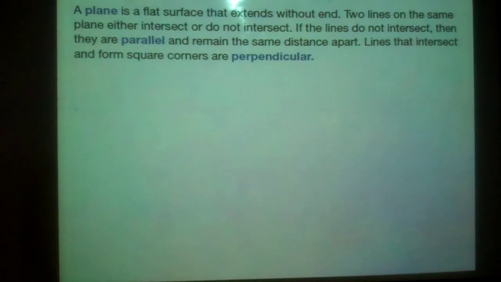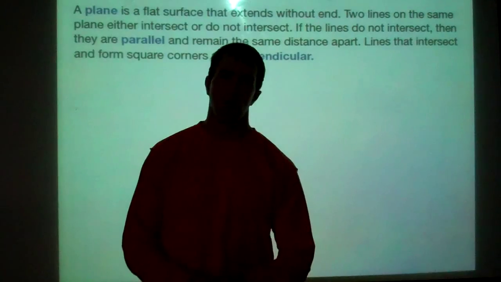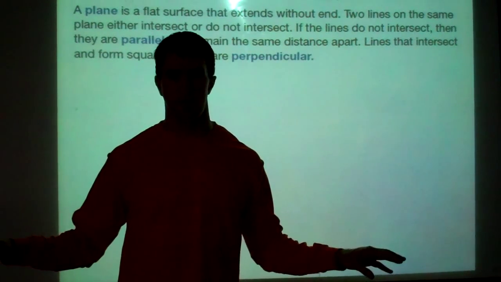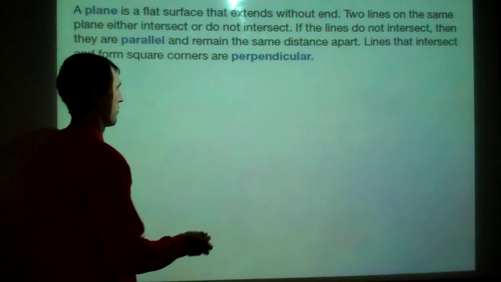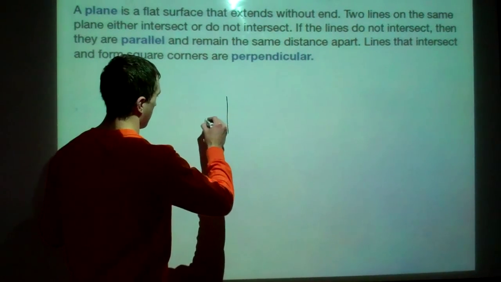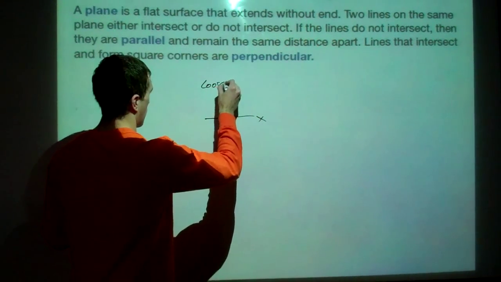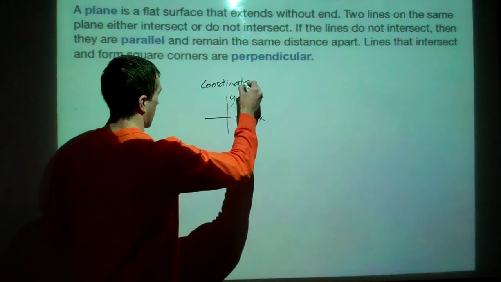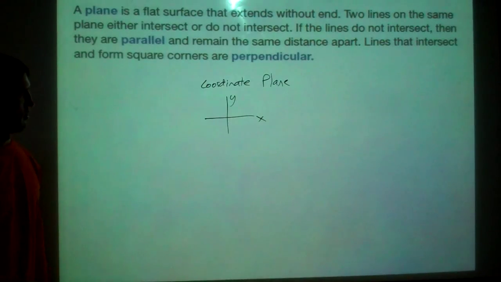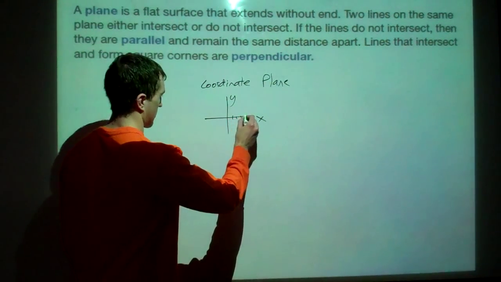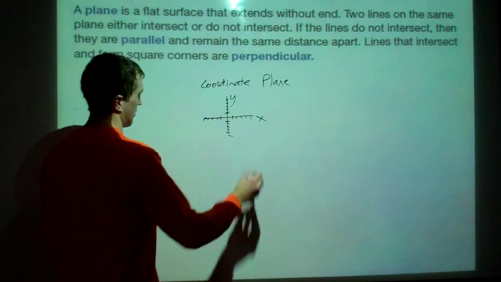Alright. All of this stuff that we're talking about as far as geometry goes, it's all happening on a plane, which is a flat surface that extends forever. Think of the most common plane, the coordinate plane. X, Y is our coordinate. Coordinate plane where we have numbers, positive x's, negative x's, positive y's, negative y's.